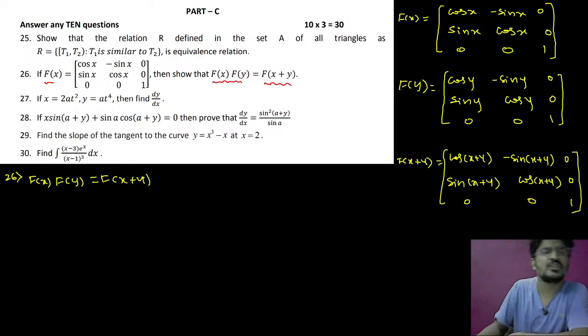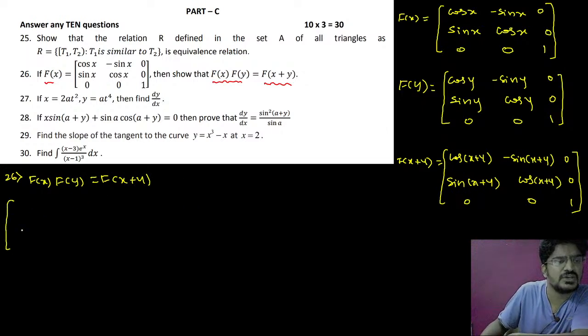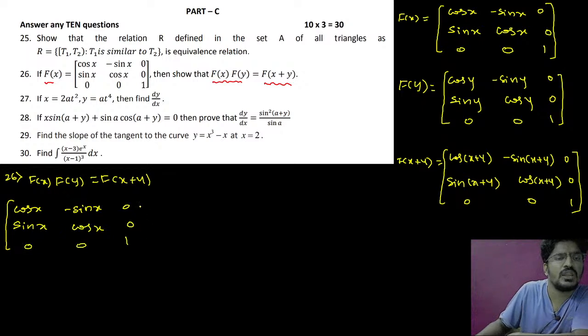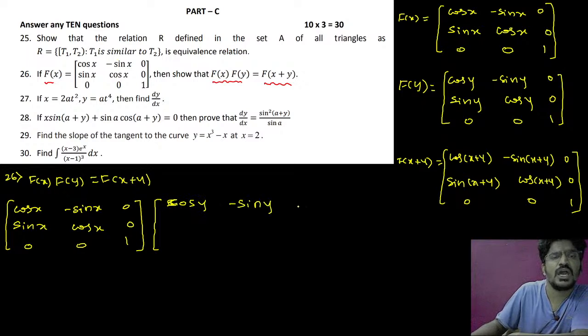Okay, so for the first step, you write f of x, that is cos x, minus sin x, 0; sin x, cos x, 0; 0, 0, 1, and you can write the second matrix, that is cos y, minus sin y, 0; sin y, cos y, 0; 0, 0, 1.